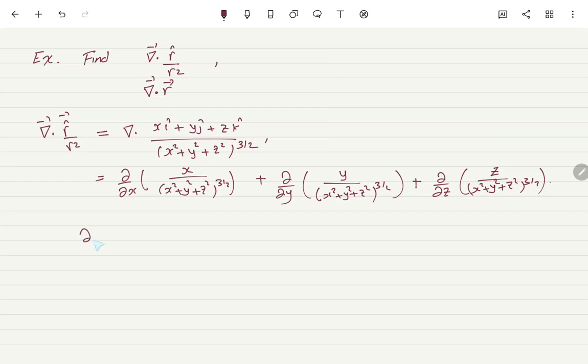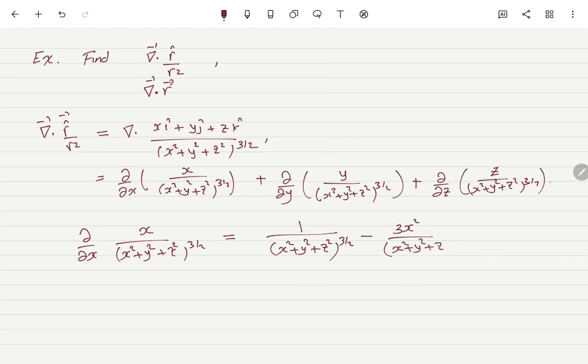Now partial x over (x² + y² + z²)^(3/2) is actually equal to 1 over (x² + y² + z²)^(3/2) minus 3x² divided by (x² + y² + z²)^(5/2).